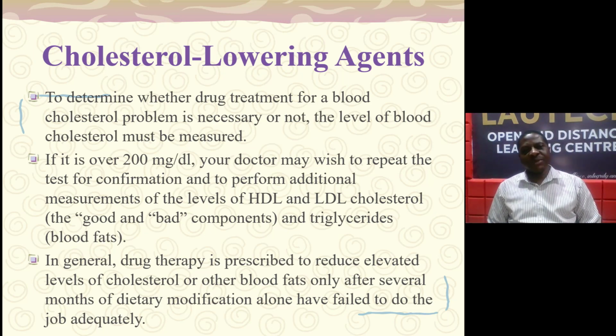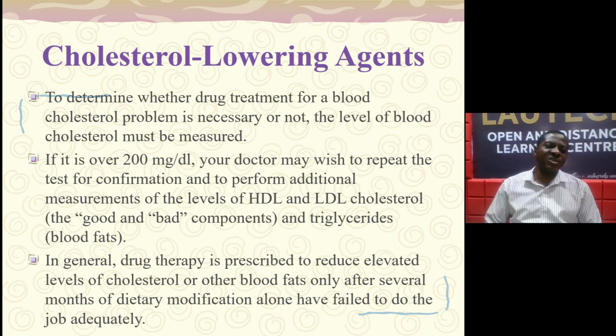What that statement simply means is that before you think of administering this group of drugs as a cholesterol lowering agent, you need to first determine the level of blood cholesterol. So there's need for one to carry out this investigation.